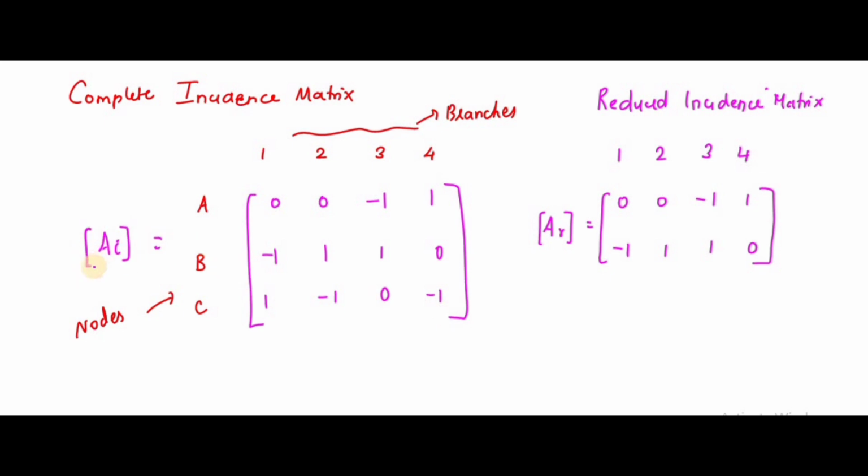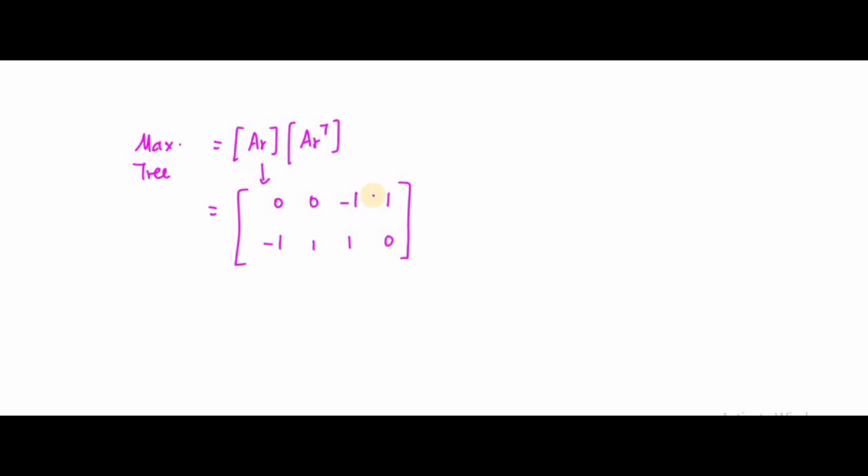In order to find the maximum number of trees, the formula is the determinant of AR times AR transpose. You have to multiply them and take the determinant. First I write AR. AR transpose means you write the rows as columns, the first row as the first column and the second row as the second column.